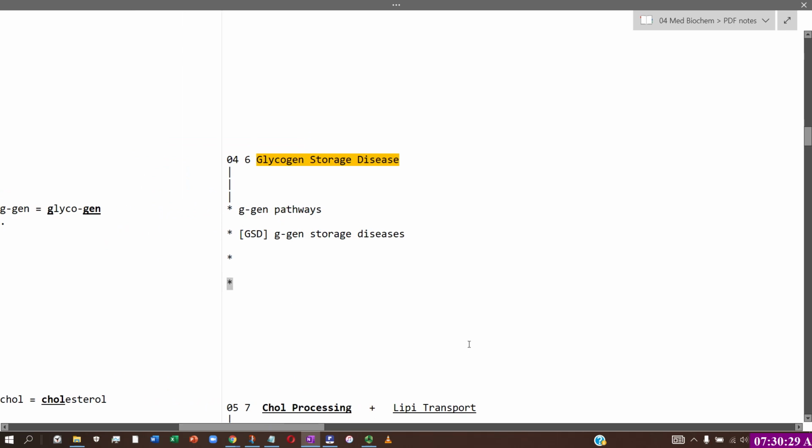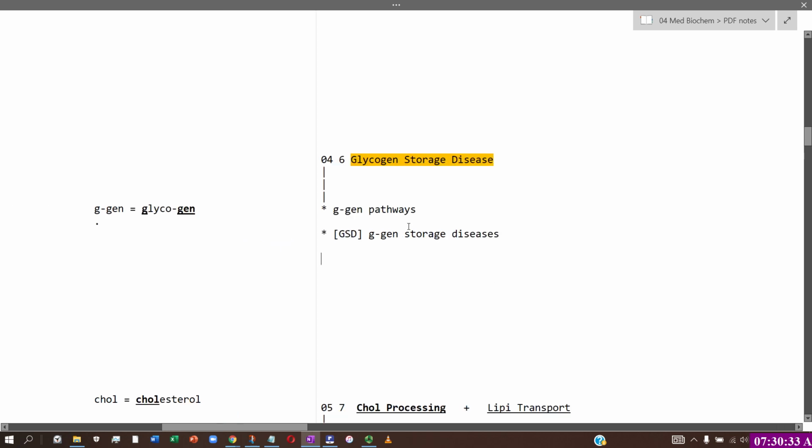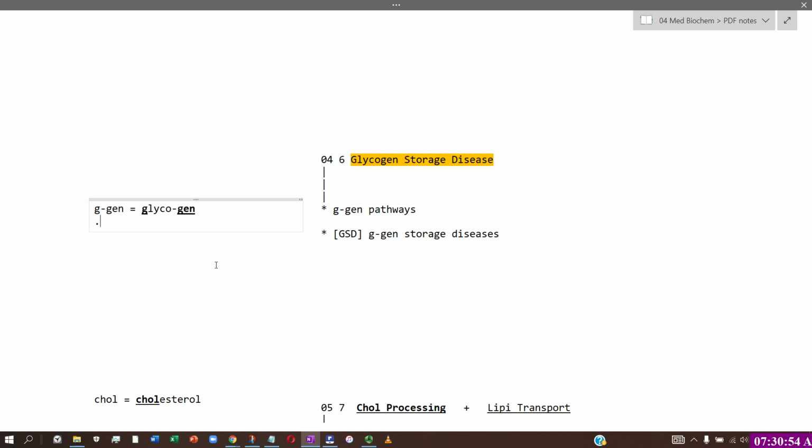Let's erase some of these. So, seems like it's a short one. It's called glycogen storage disease. So, for me, G-gen is glycogen, and it's like this because there are some other topics I haven't stumbled upon yet, but they will be relevant, and it helps to keep track of the wording because it can be confusing.